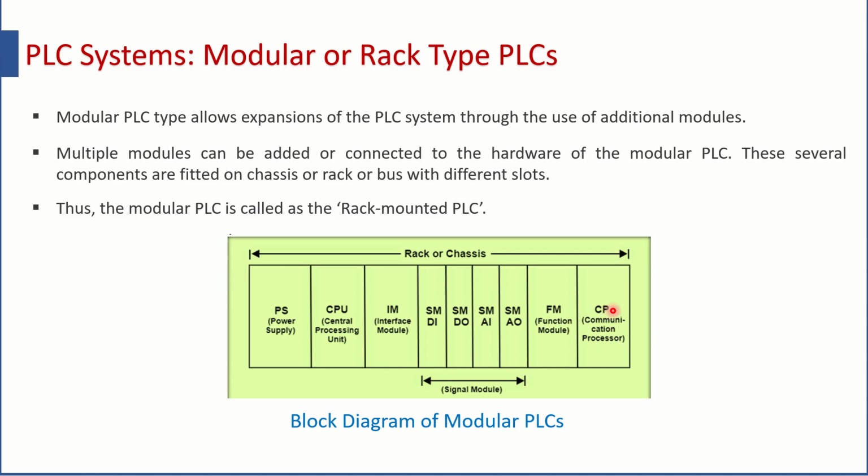If you want a particular Ethernet communication which is not already available with the device, or Ethernet is available and you want to add an RS-232 communication, all these things can be added there. You can have separate modules that you attach to the rack. So in the rack, mainly the power supply module is already there, CPU is already there, some DI/DO is already there, and after that you can add the other things. Okay.